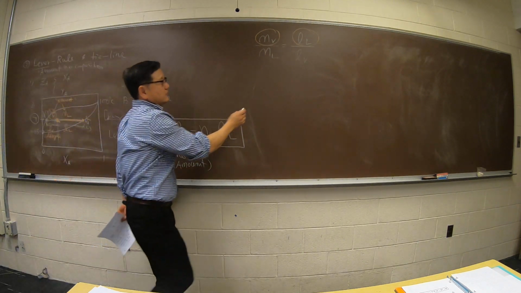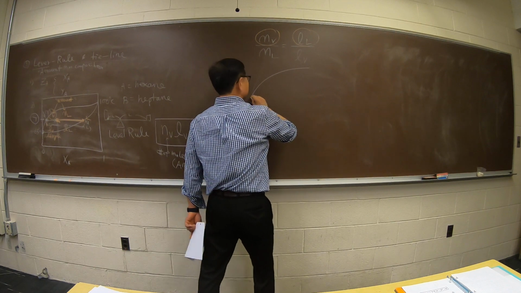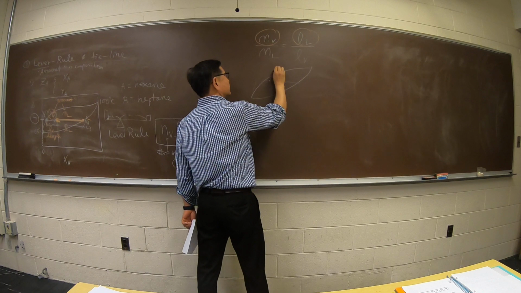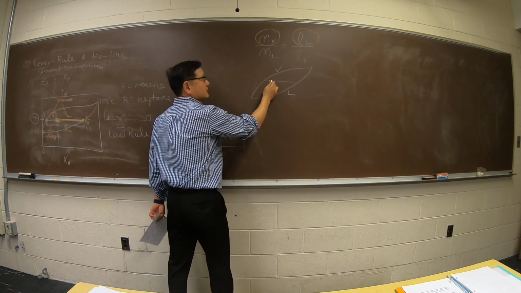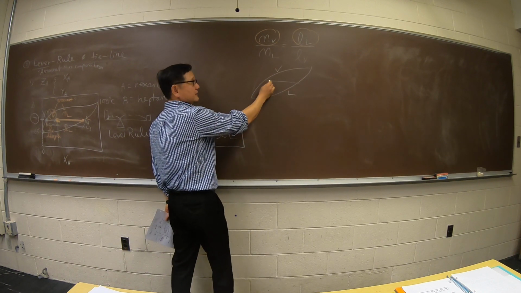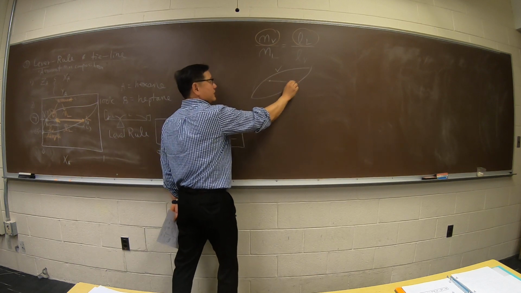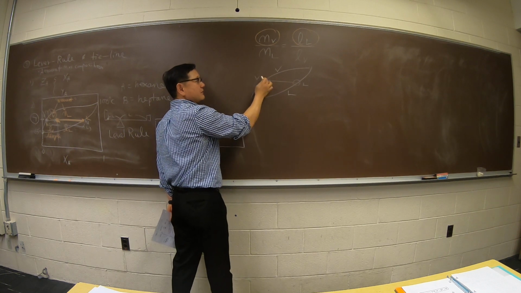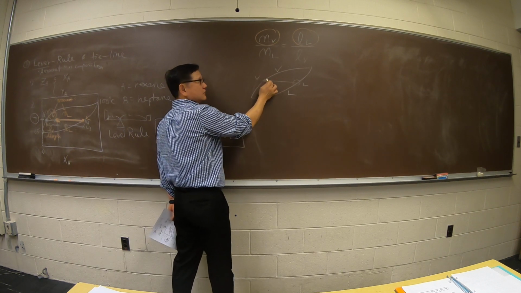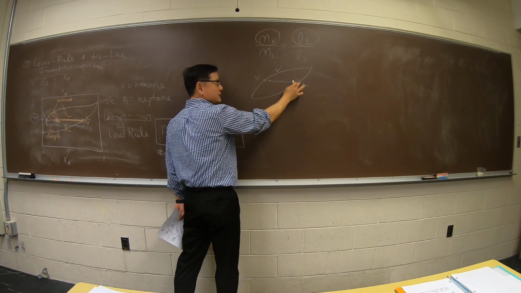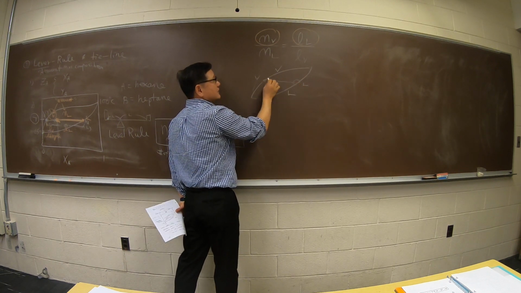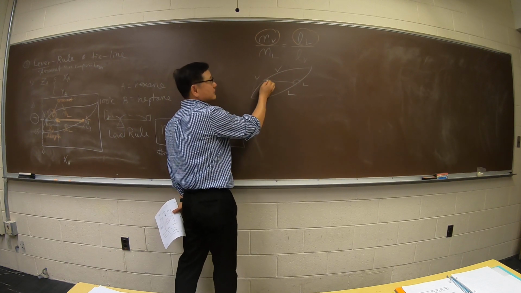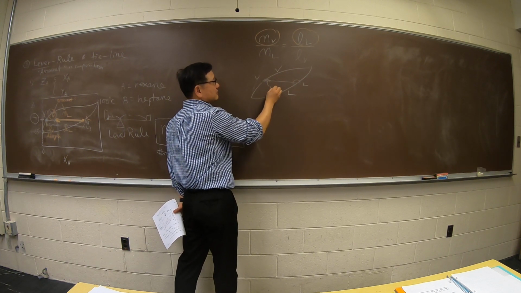One way to remember this: if you're here, this is a tie line, with this the vapor phase and this the liquid phase. If your starting composition is right there, you're generating liquid this much and vapor this much. You're already very close to the vapor, so you will generate liquid with this composition, but the amount is proportional to this length.